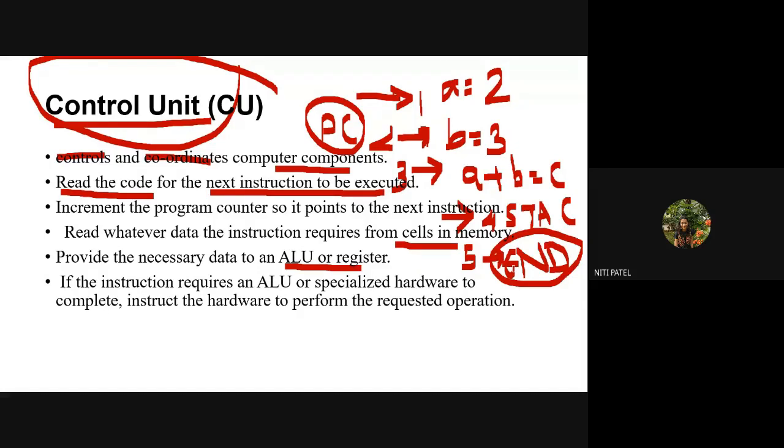To tell the CPU that the processing is completed, there are no more instructions ahead, you can stop the execution and display the output to the user. So to make this END work, I will always require the ALU. So if any instruction requires an ALU or any other kind of hardware, it is a function of the control unit to make that communication possible between that hardware and the program.